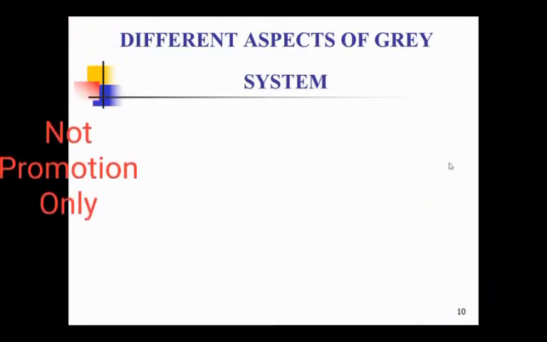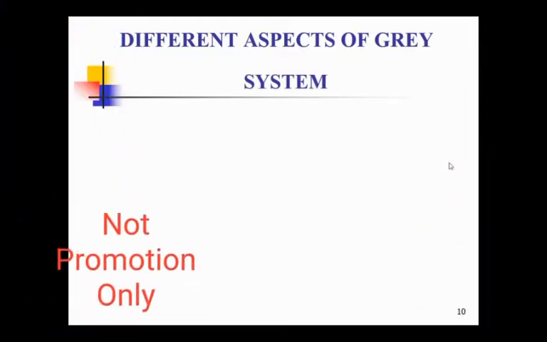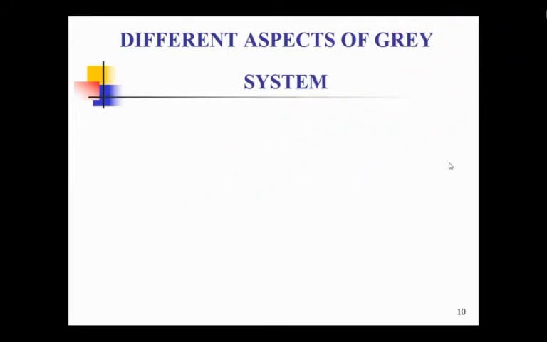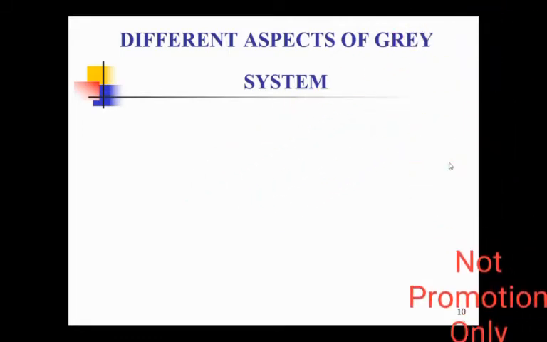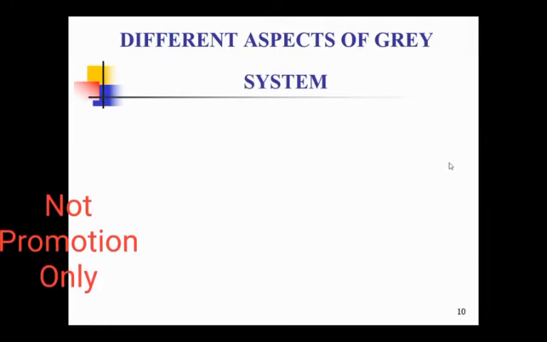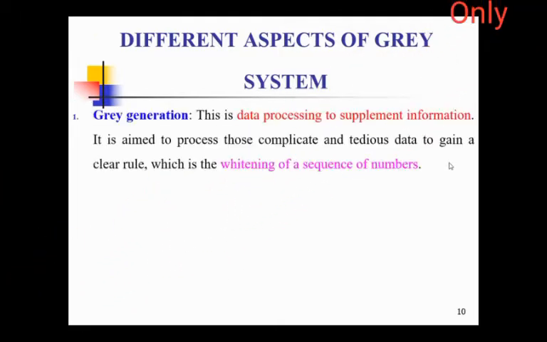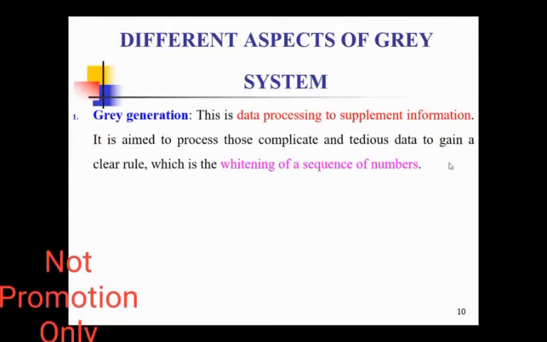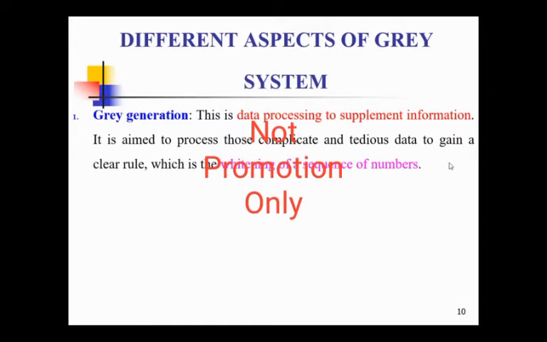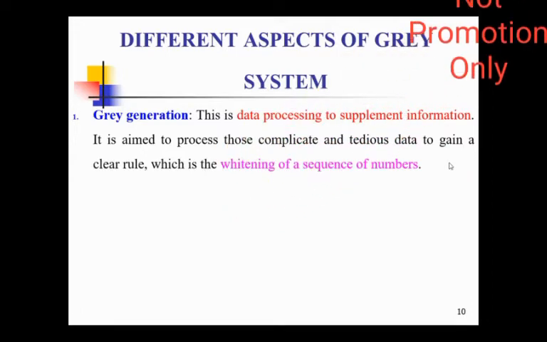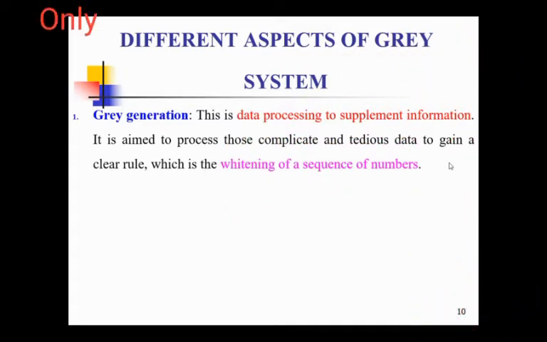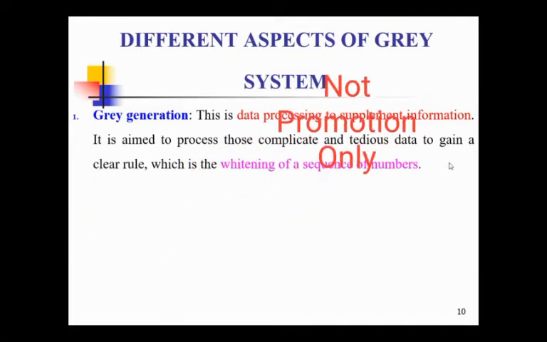So what are the different aspects of a gray system? Because gray relational analysis is a part of a gray system, we should know the different aspects of a gray system. The first one is gray generation. This is data processing to supplement information.